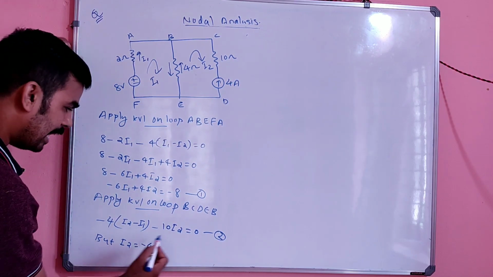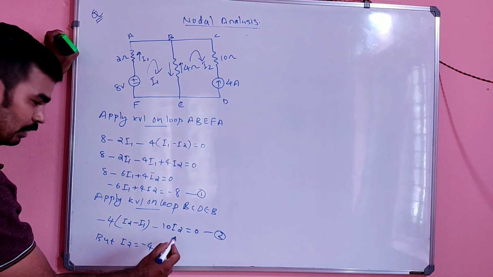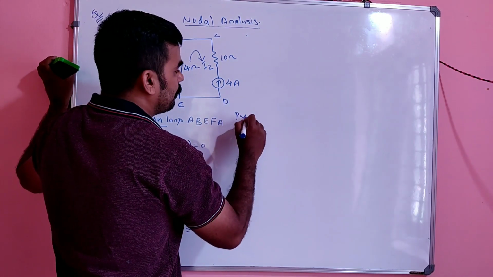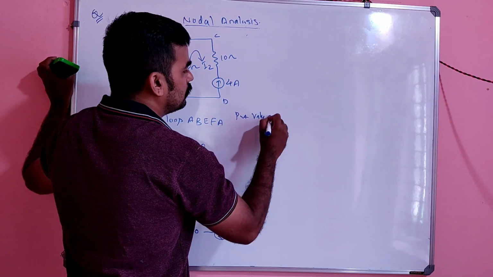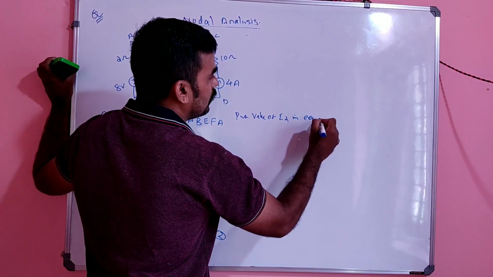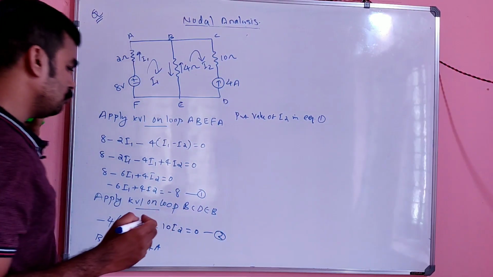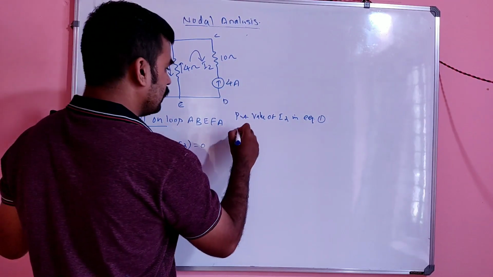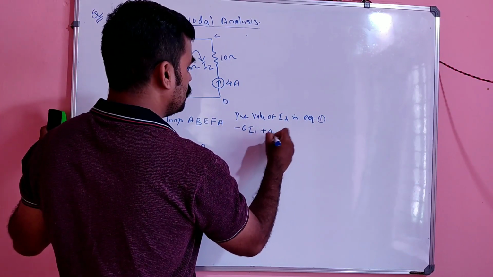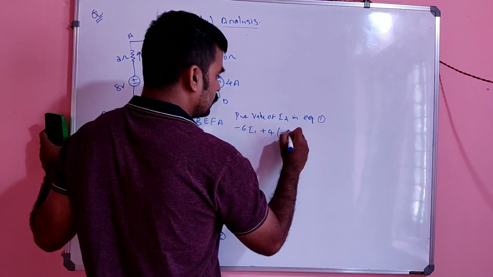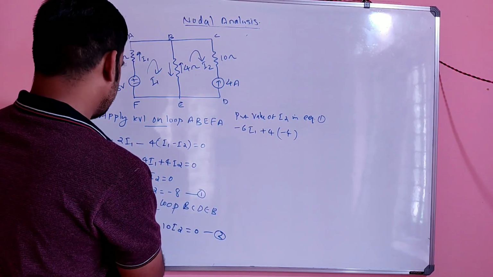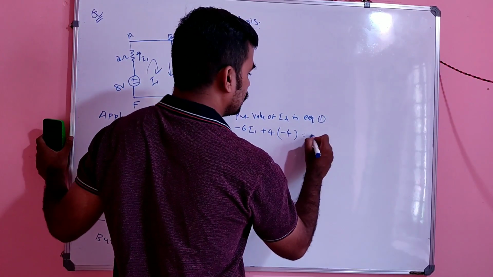So simply apply I2 equal to minus 4 ampere here. What do I get in equation number 1? Put the value of I2 in equation 1. I get minus 6I1 plus 4 into I2, which is minus 4, equal to minus 8.